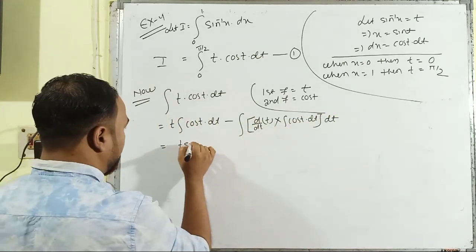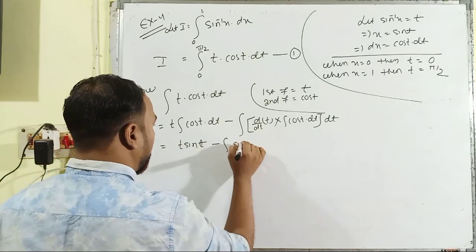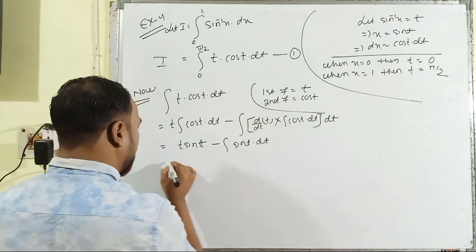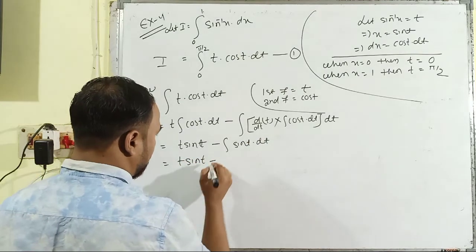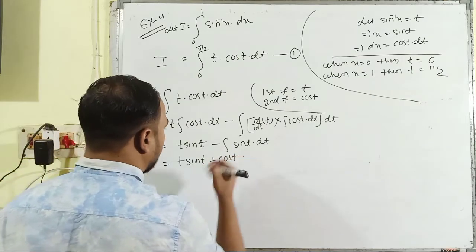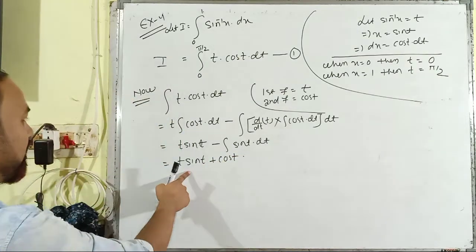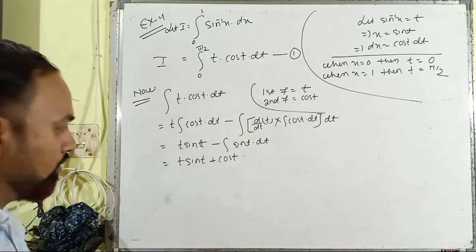It is t sin t minus the integral of sin t with respect to t. Then it is t sin t minus the integral of sin t, which is minus cos t, that means it is plus cos t.